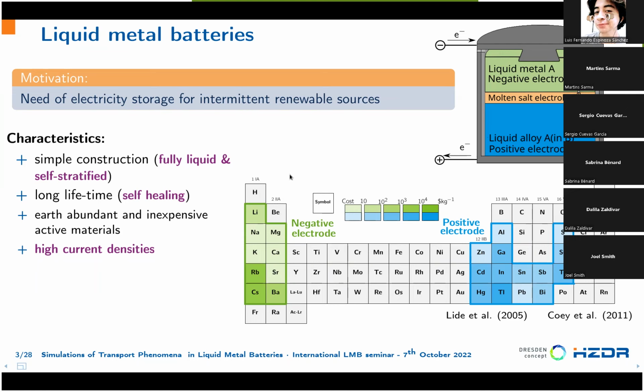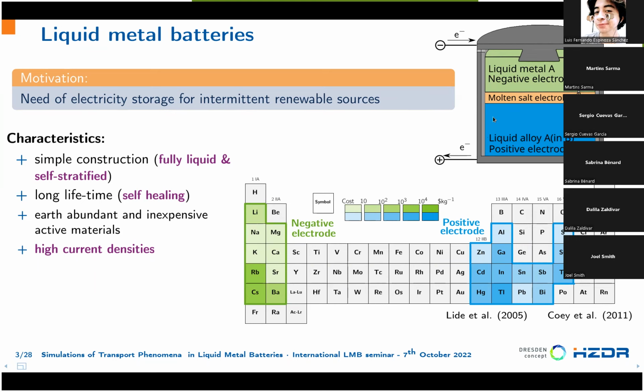This layer is made with a metal of the first and second columns of the periodic table, like lithium or sodium. In the middle, there is a molten salt electrolyte that is able to conduct the ions of the negative electrode metal.